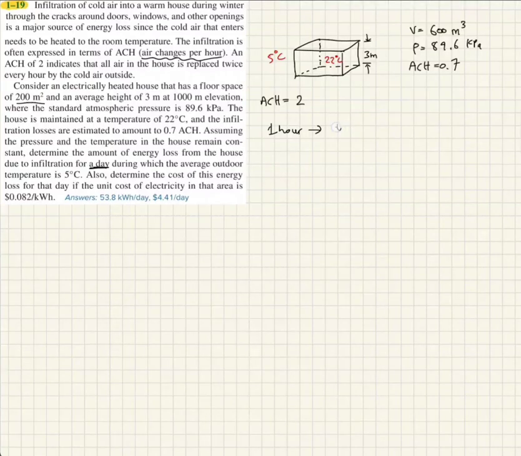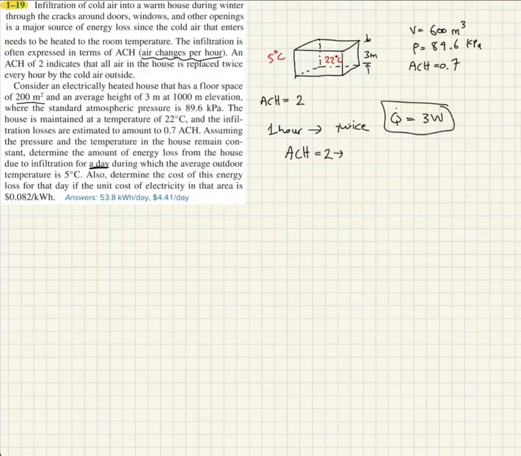Say we find a certain amount of Q dot, I don't know, like 3 watt of heat transfer. That's just one time.